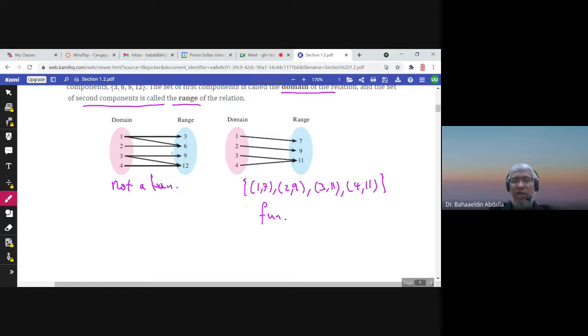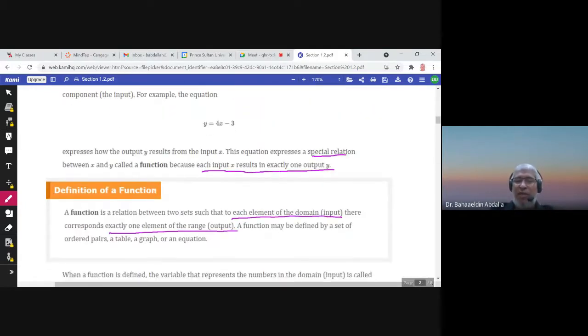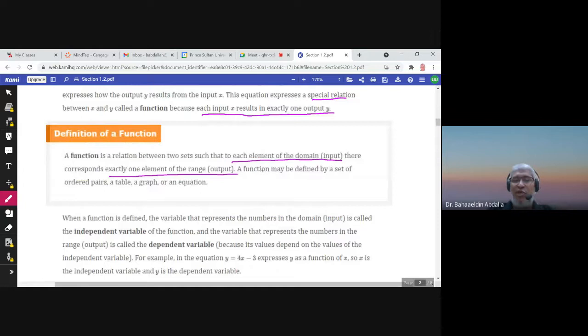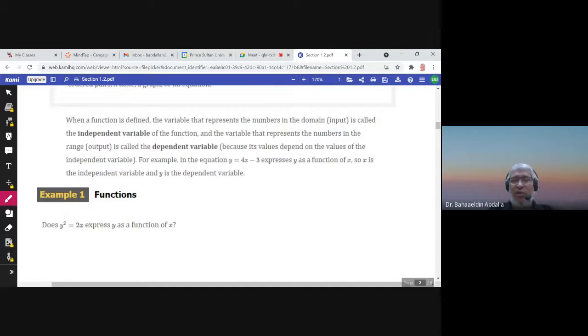We cannot accept 2 arrows going from one element in the domain. But all of the arrows could go to the same element here. It is not a problem. Each element in the input could go to one and exactly one element of the output, then it would be a function.